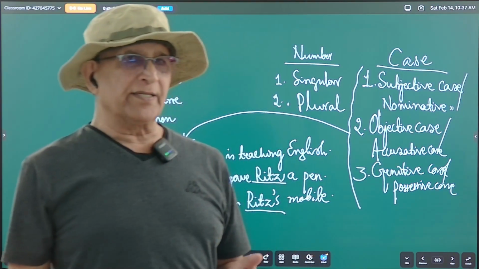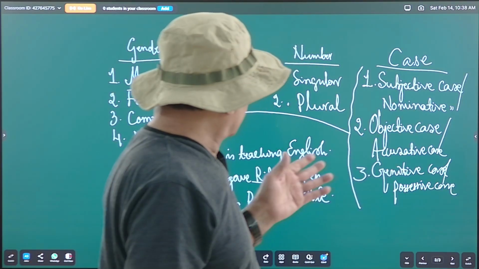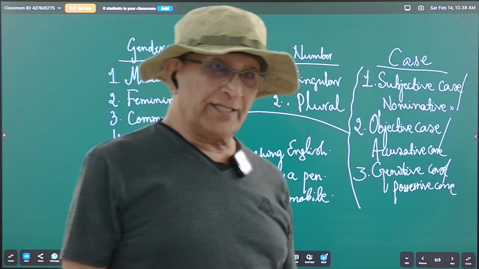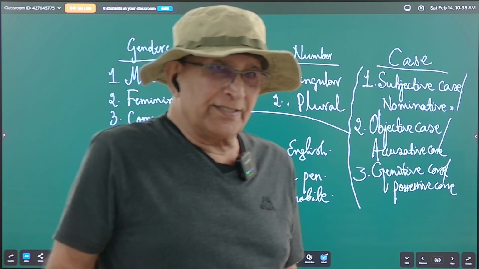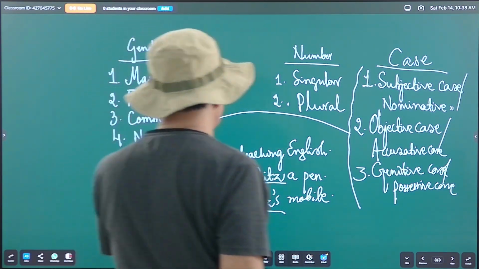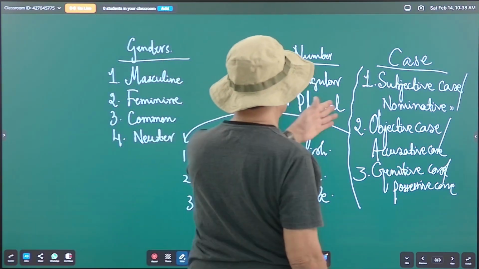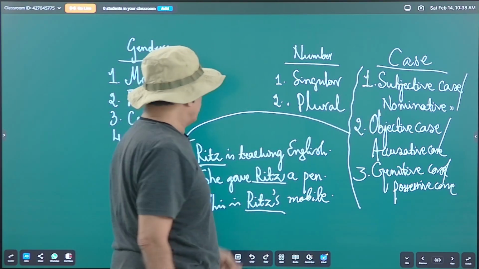Because whenever you are reading English grammar in any of the books and you come across these words like nominative case, genitive case, or possessive or accusative case, you think, oh, what is it? For the first time I hear these words. That is why you have to be very, very particular remembering all these things. Subjective case or nominative case.